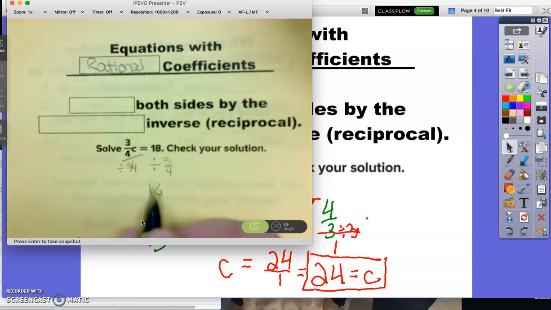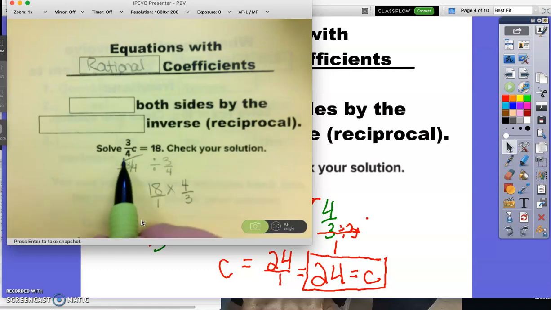So 18 divided by 3/4. When dividing fractions, don't ask why. Flip the second and multiply. Well, let's look here.